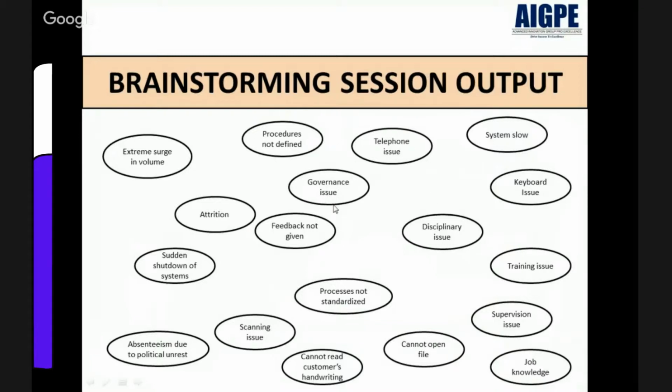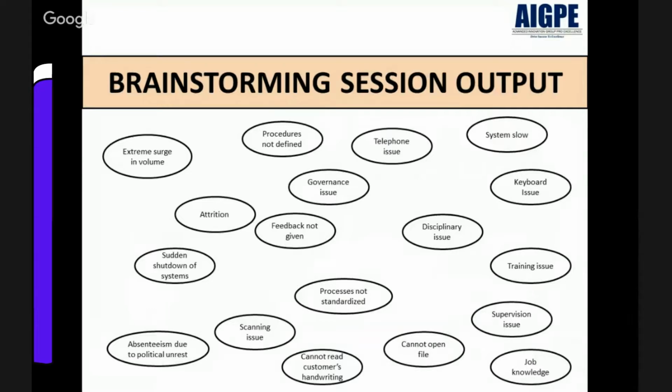There are governance issues on the floor. Feedback is not given to the people who are taking calls, so they are not aware of what mistakes they are making. The processes are not standardized. So these are some of the total outputs that we receive once the brainstorming session is conducted.